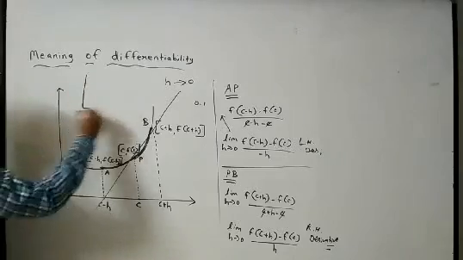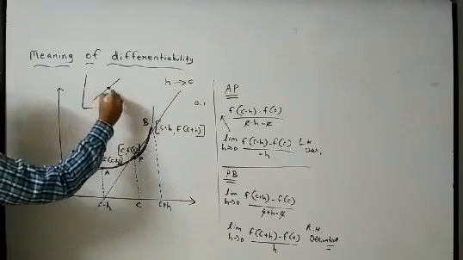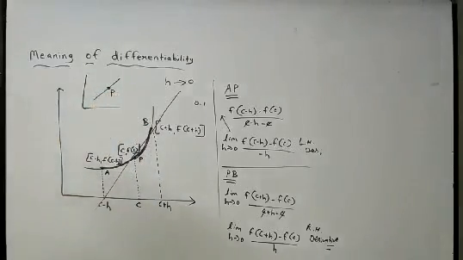It will be like this, passing through that point. So that is the meaning of differentiability.